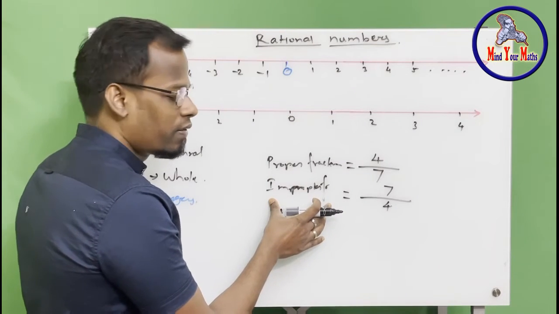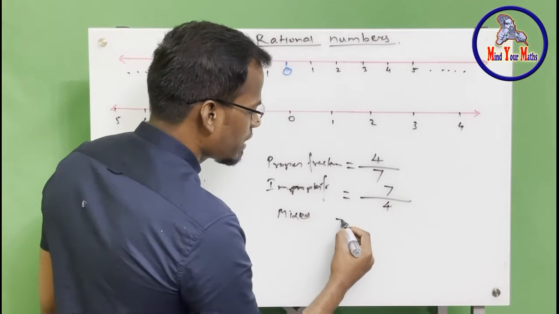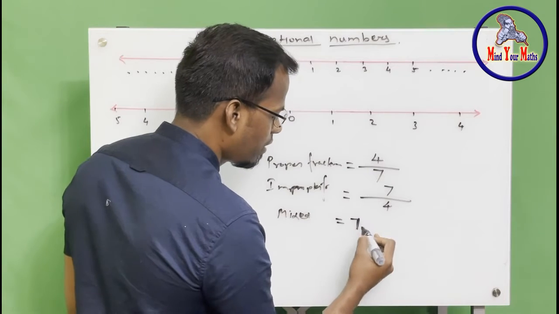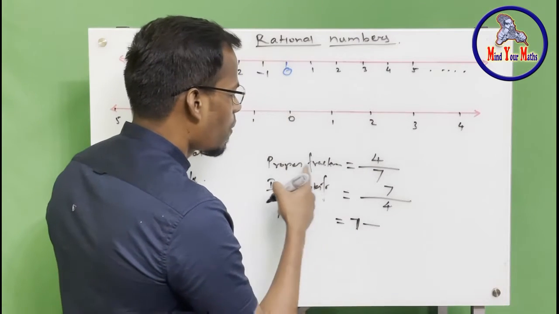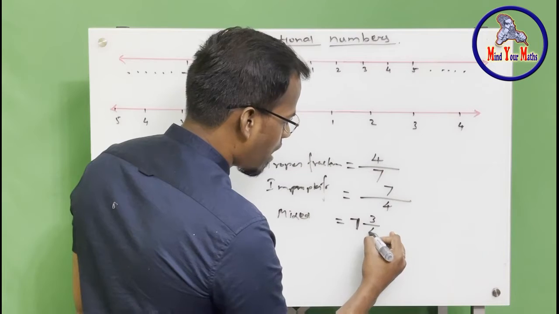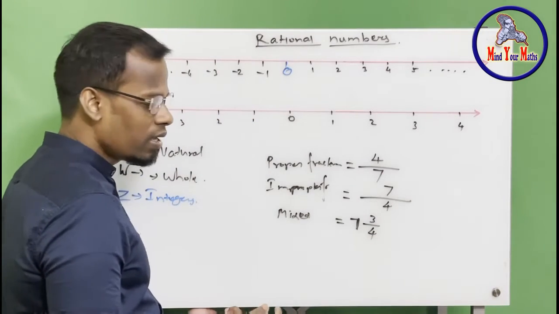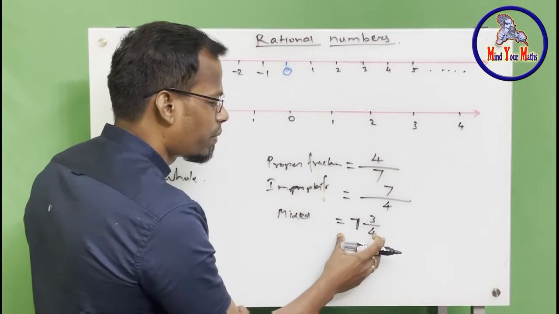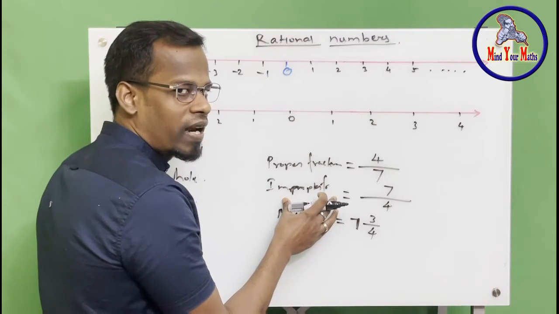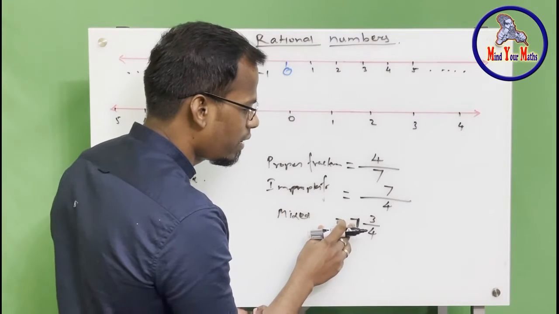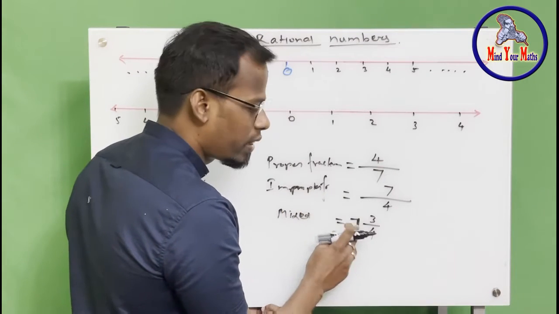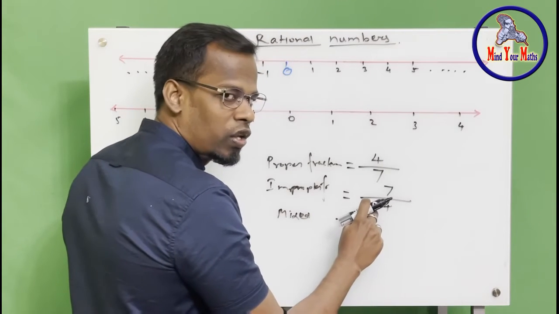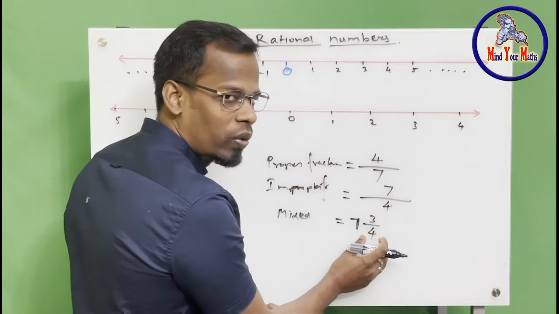What is a mixed number? A mixed number is where you have a whole number, maybe 7, and then you have a proper fraction next to it, which is 3 by 4. So this is a mixed number, right? You can convert the mixed number to become an improper fraction. How do you do that? You multiply the whole number with the denominator, then add the numerator and put it at the numerator, and the denominator will always be the same.